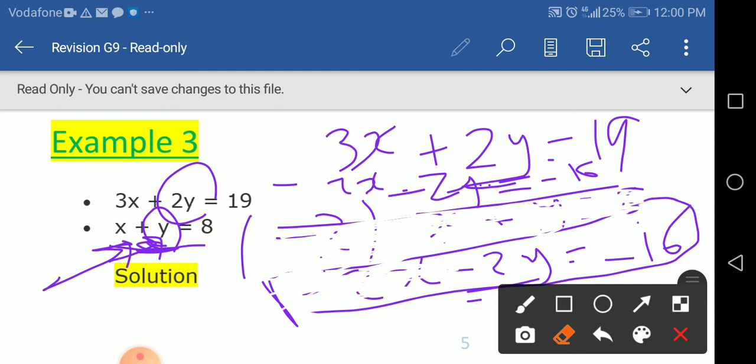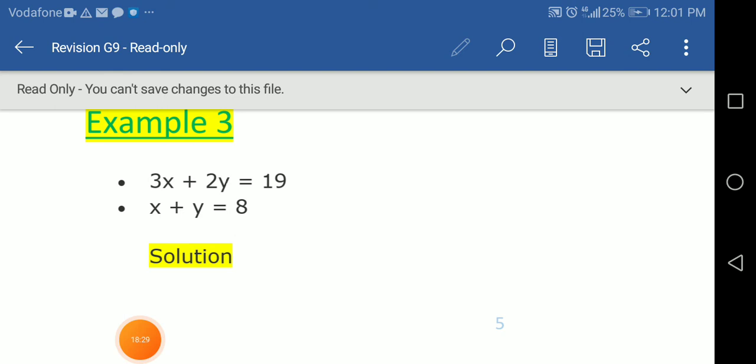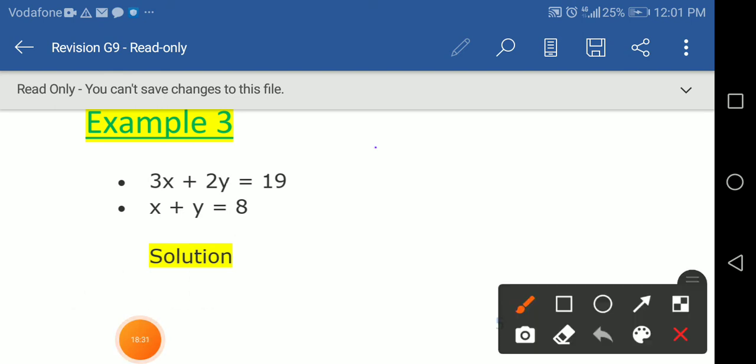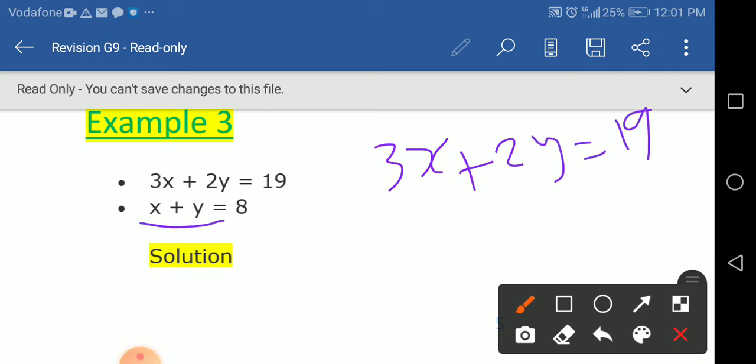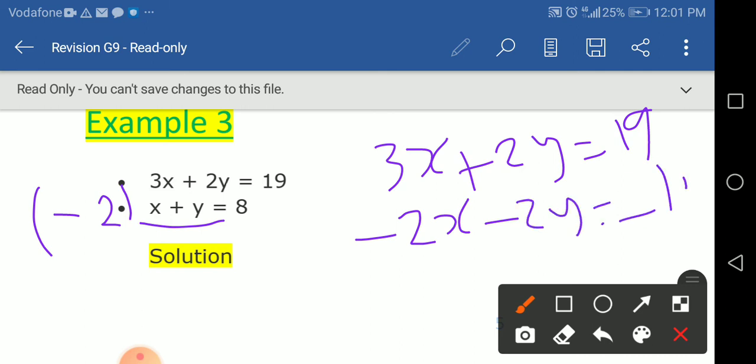We will eliminate the variable y. So guys, I have 3x plus 2y equals 19, and for this one we multiplied by negative 2, so it will be negative 2x minus 2y equals negative 16, remember?